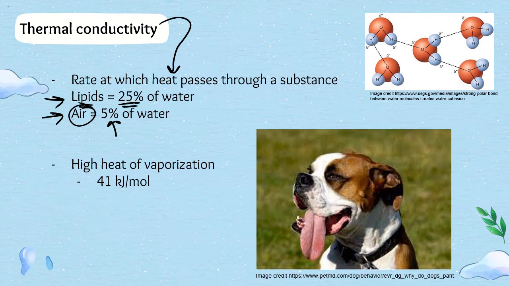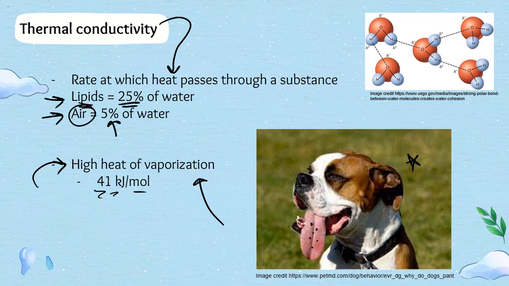But this turns into kind of a good thing too, because water has a really high heat of vaporization. This sweet baby is panting because water molecules on its tongue are evaporating into the air. Water has a super high heat of vaporization. 41 kilojoules for every mole of water evaporated is being absorbed.